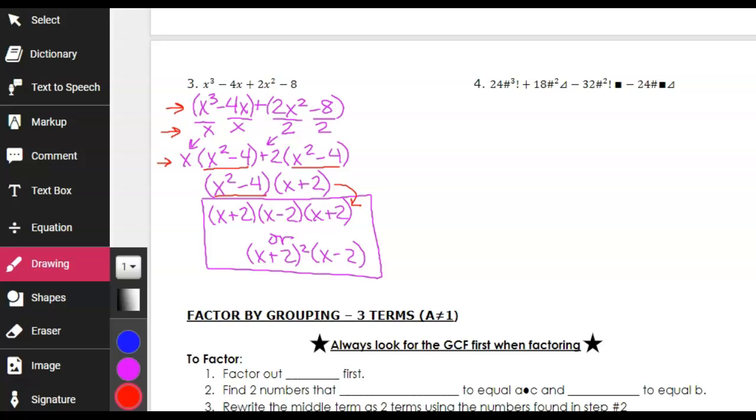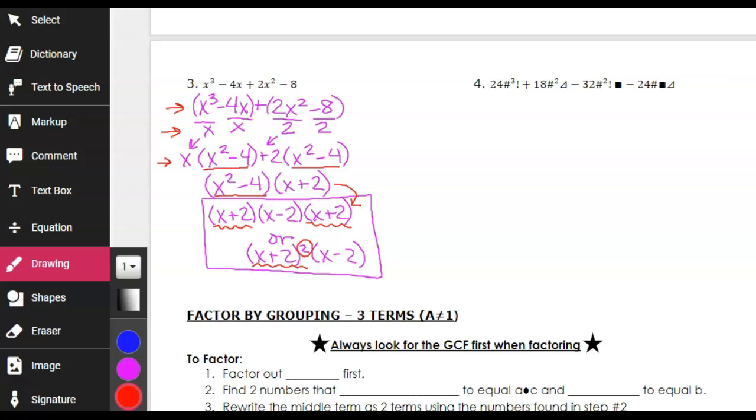So you can write your final answer as those 3 binomials. You can also take the x plus 2 and the x plus 2 and write them as x plus 2 squared times that x minus 2. So that is another option for your answer format.